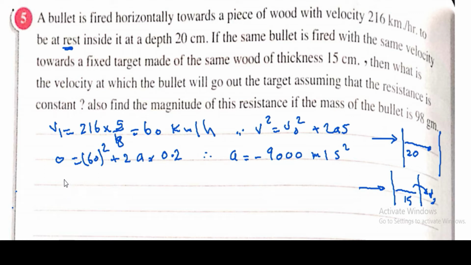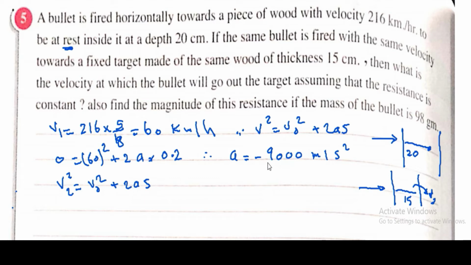Since V square equal V node square plus 2AS, and since the second target is from the same matter, the same thickness and the same resistance, the acceleration doesn't change.